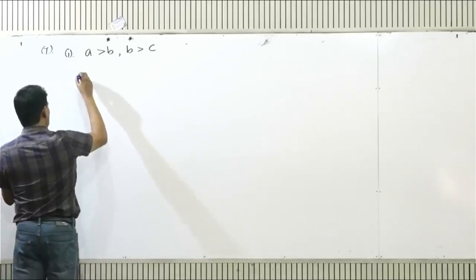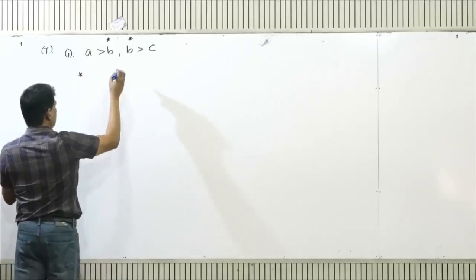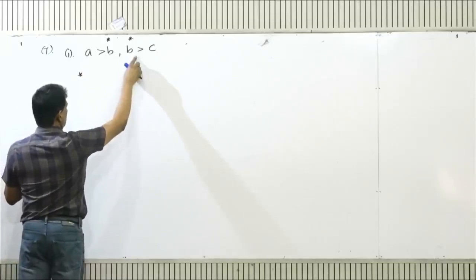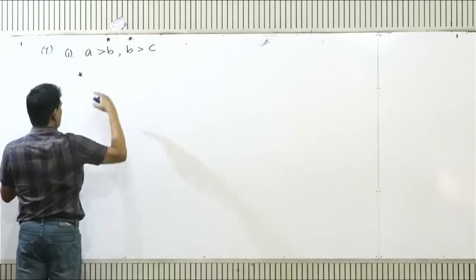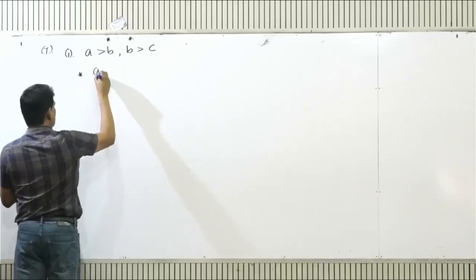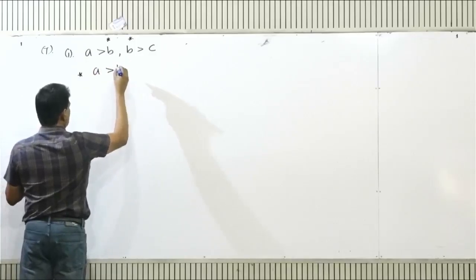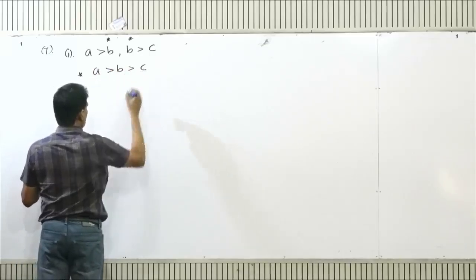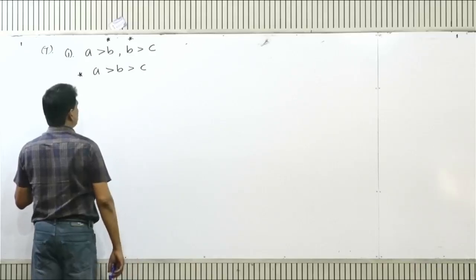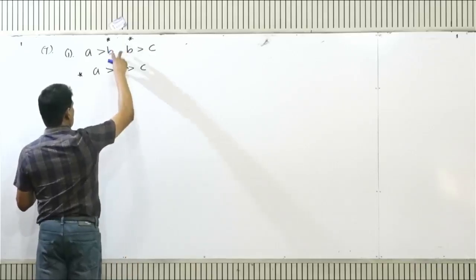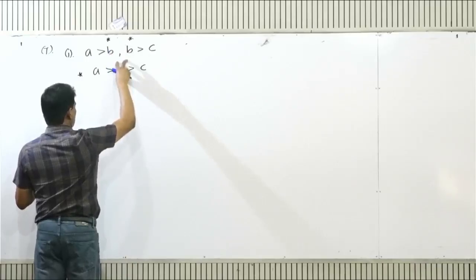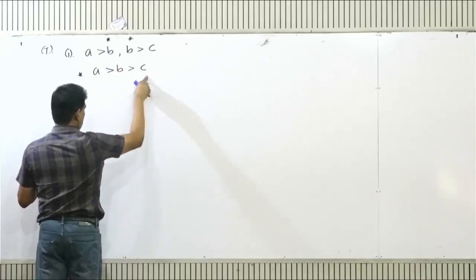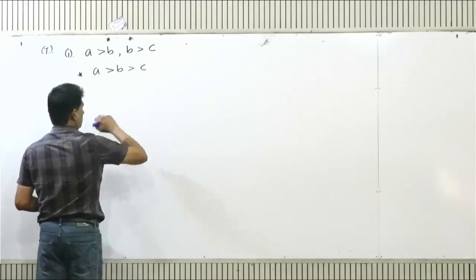Then according to the law, we can write these two inequalities by combining them: A is greater than B and B is greater than C. We can combine these two inequalities, then this acts as one inequality, but there are two inequality marks.